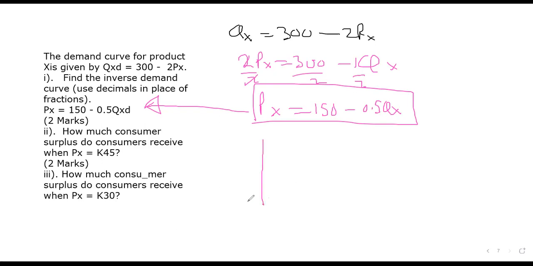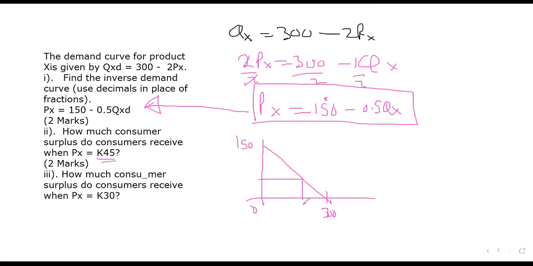Then whenever P is the subject, it's easy. You don't even need to think twice. This same 150 is where to start from here. We put 150. And divide this number into there. That's the number that we're going to get here, which is 300. And that is 0. So we are being asked to calculate the consumer surplus when P is 45.